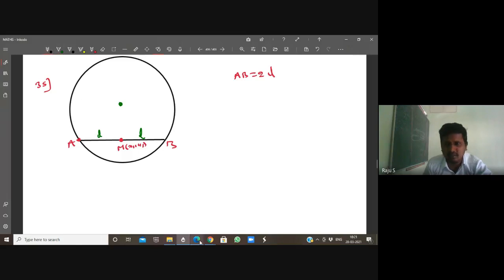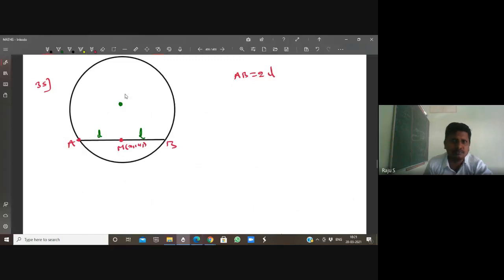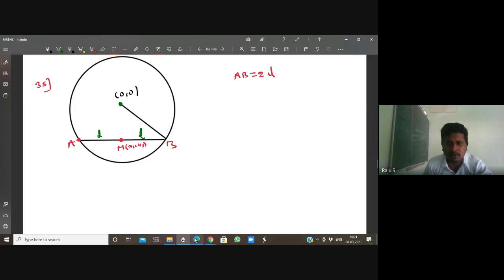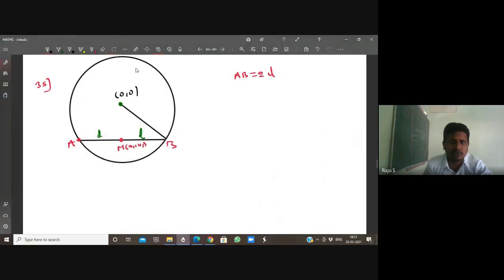What is the center of the given circle? Center is 0 comma 0. Radius is what? Clearly the given circle equation is x square plus y square is equal to r square, and the radius will be r.